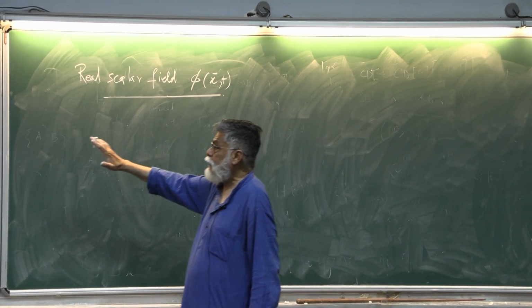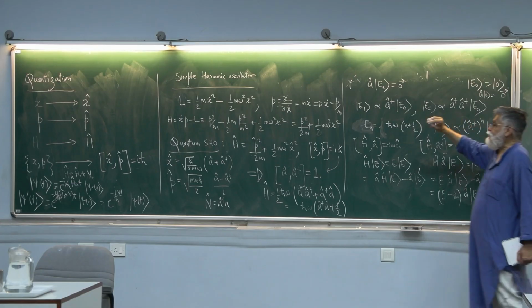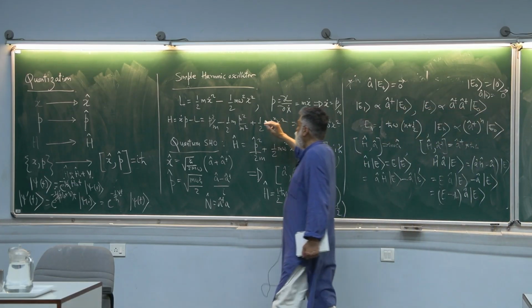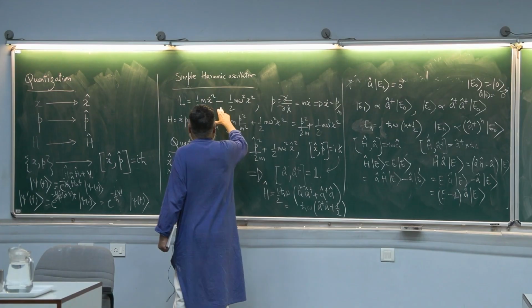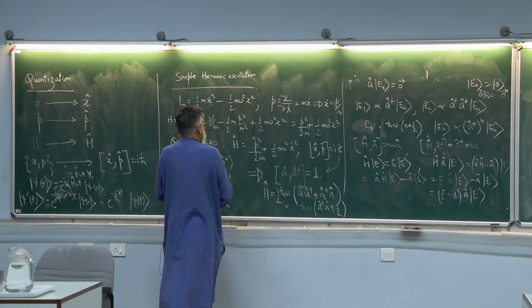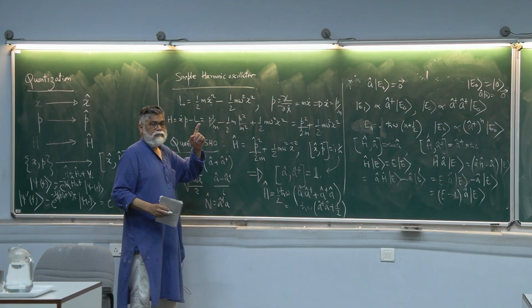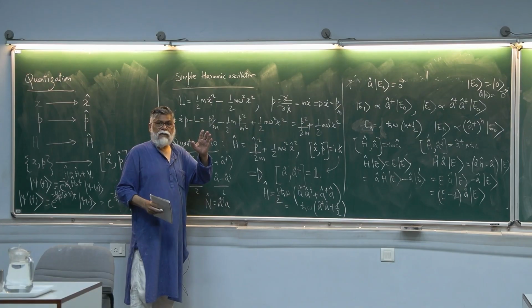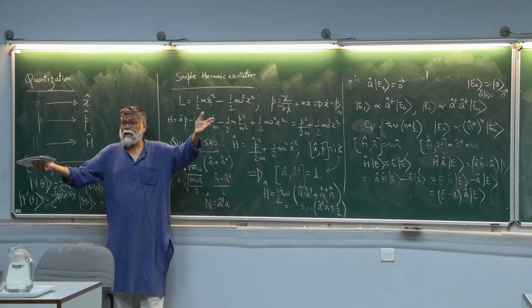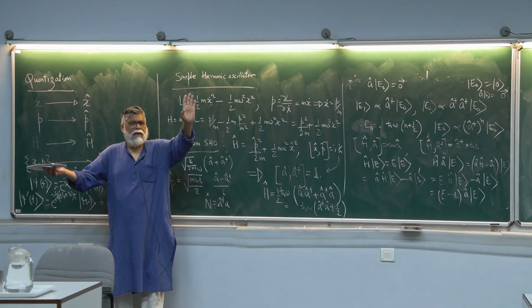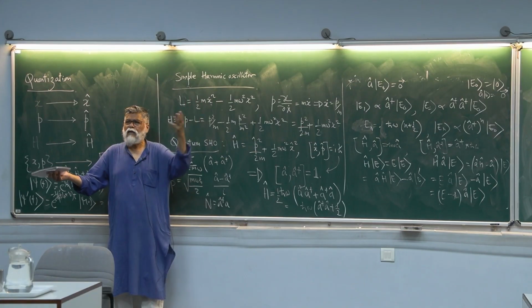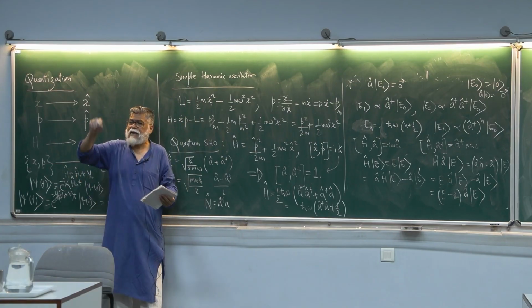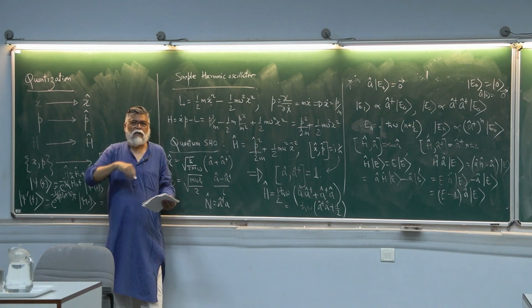In standard quantum mechanics, my degrees of freedom are countable. Like for example, in the harmonic oscillator, there was only one degree of freedom, x. If you take hydrogen atom, if you don't include the spin of the electron, there are only 3 degrees of freedom, the x, y, z coordinate of the electron.